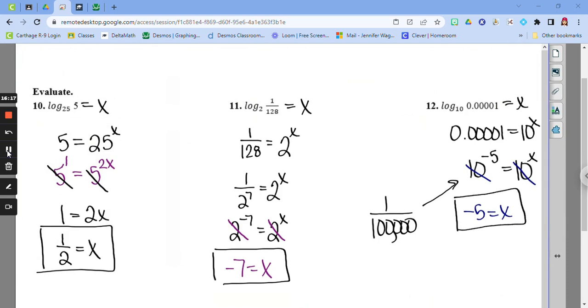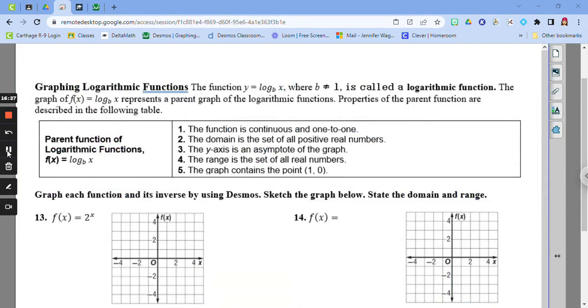The next part is graphing it. Graphing logarithmic equations, because we can find its inverse from an exponential equation. So looking at these, you've got all this information, but keeping in mind your domain and range are going to switch.